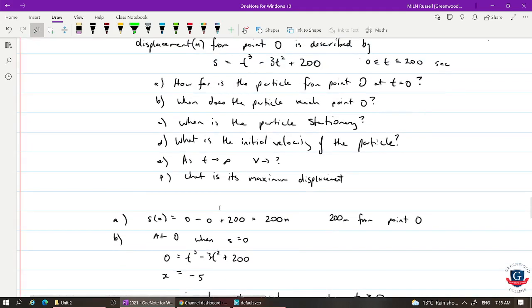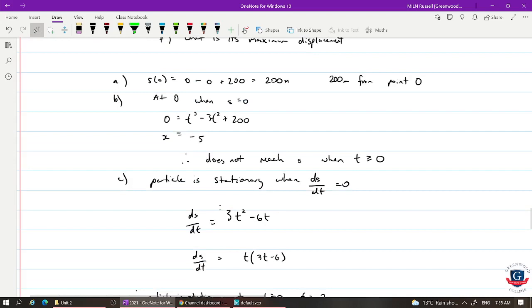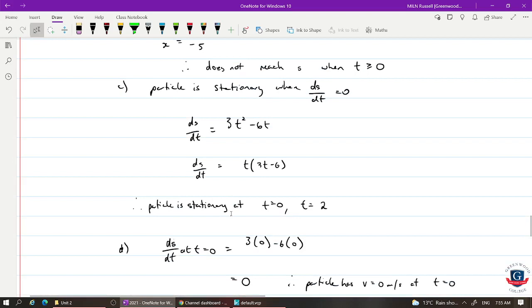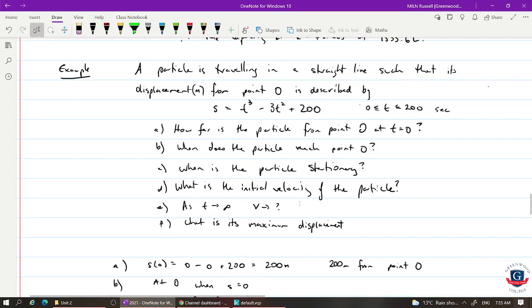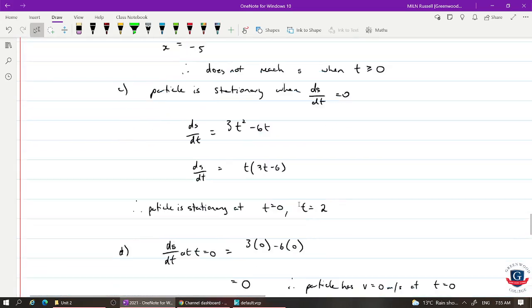The next question is, when is the particle stationary? The particle is stationary when the velocity is 0, quite logically. So the particle's stationary at 2 points if we find the derivative and equate it to 0. And that's at 0 and 2. What is the initial velocity of the particle?